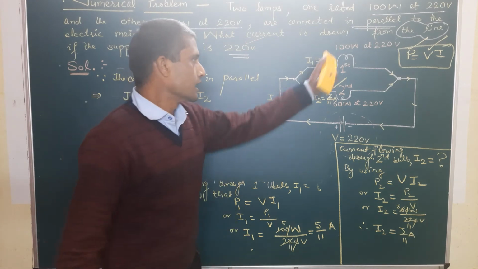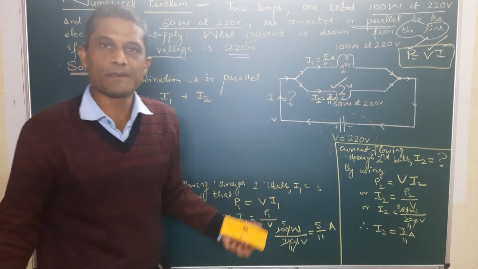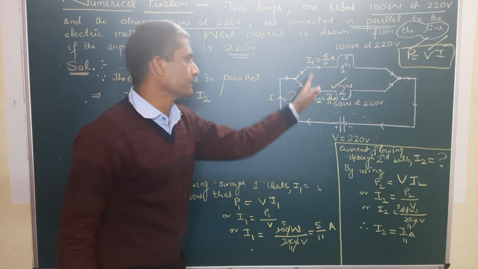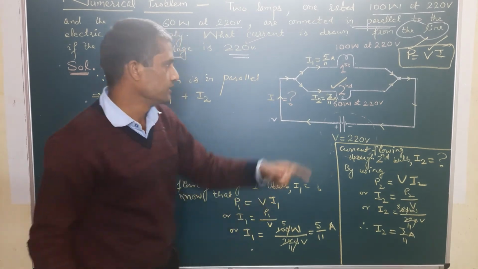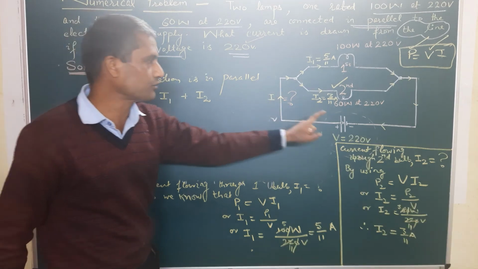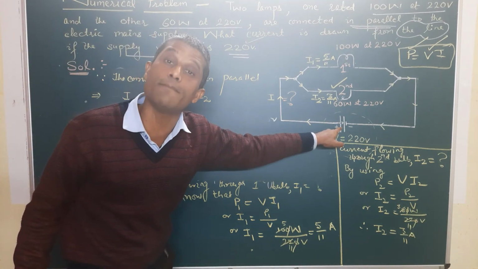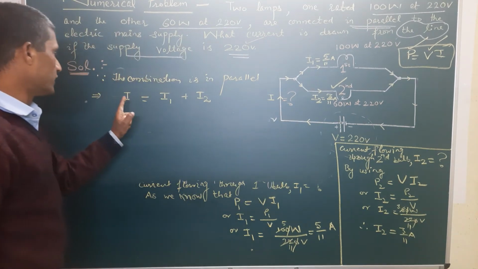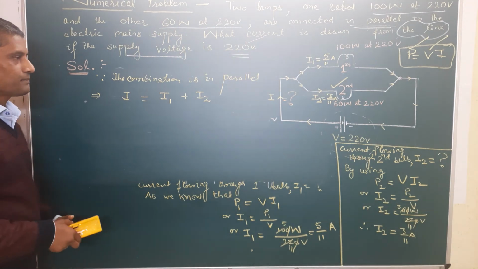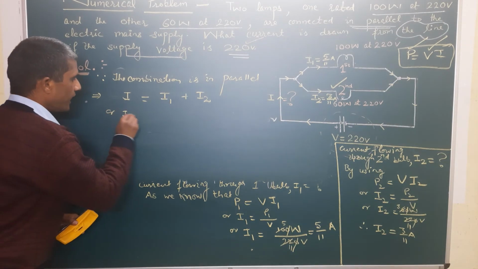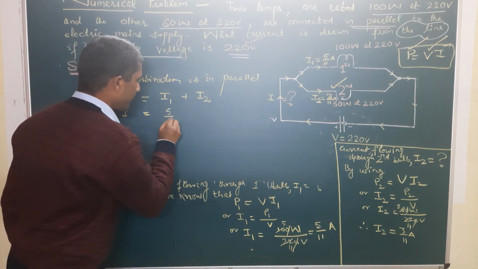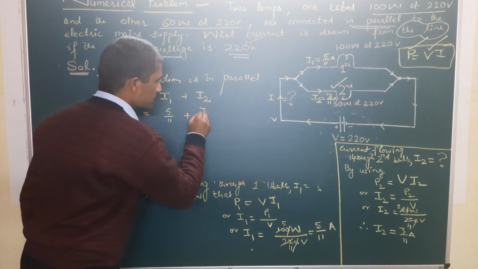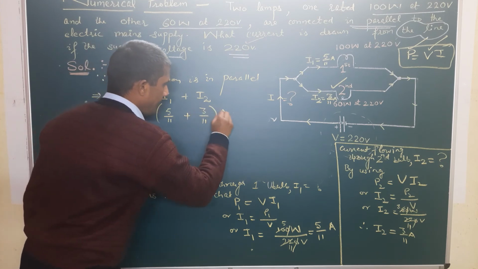Only two bulbs are there, so it bifurcates into I1 and I2, and when you add these two, they equal the total current coming from the main supply line. So I is equal to I1 plus I2, which is 5 upon 11 plus 3 upon 11 ampere.